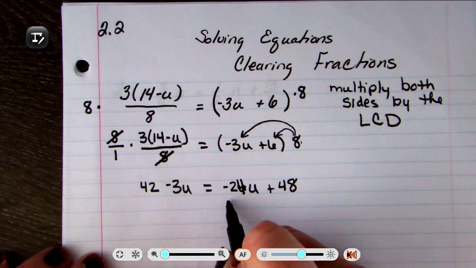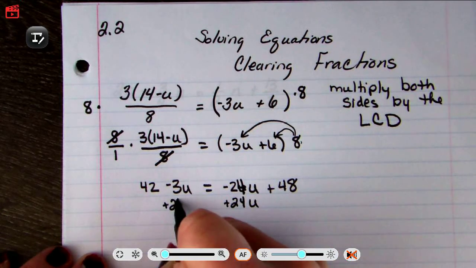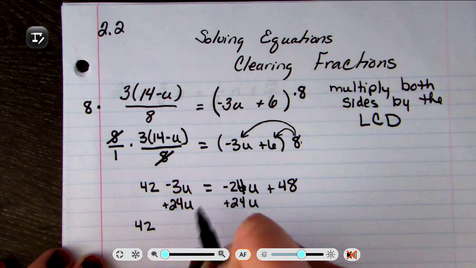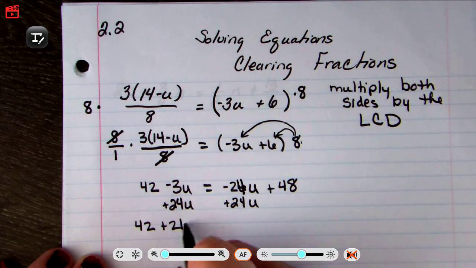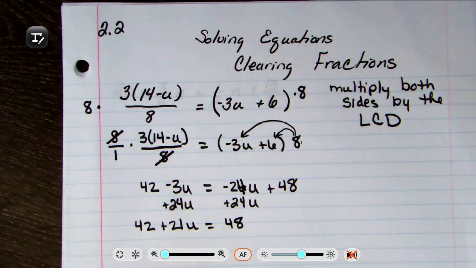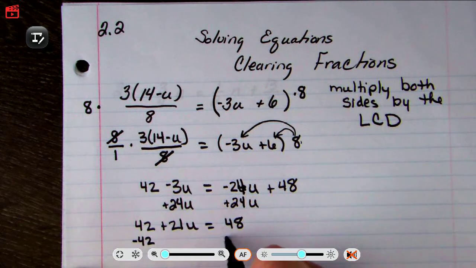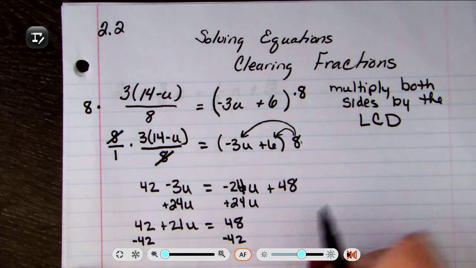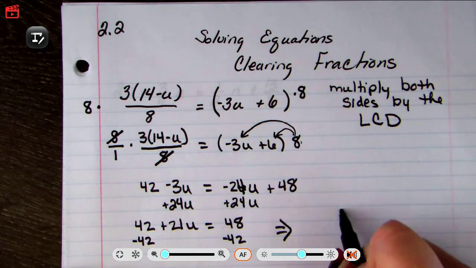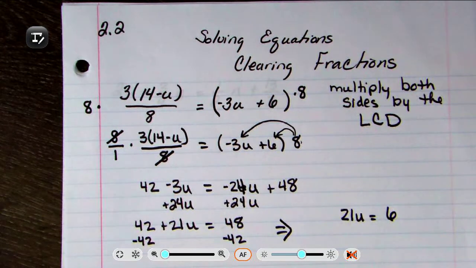So I'm going to add 24u to both sides here. This would give me 42 plus 21u equal to 48. Now I'm going to move this 42, so subtract to get my constants on the other side. So I get 21u equal to 6.